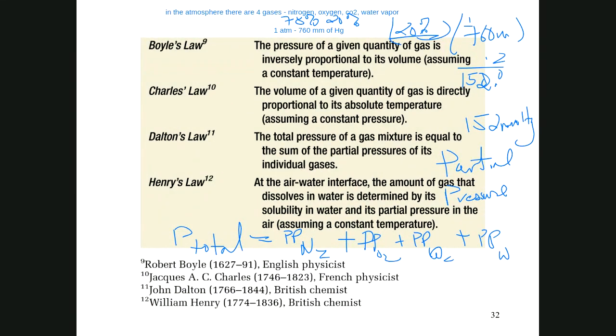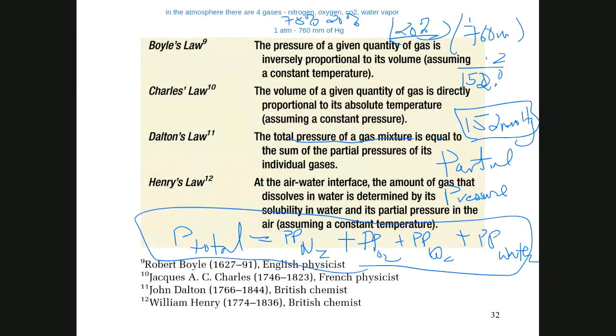The partial pressure of CO2 is really low in the atmosphere. But 152 is the partial pressure of oxygen, roughly around that, that's good enough. So Dalton states that the total pressure of a gas is equal to the sum of its partial pressures. So here, that's the equation for Dalton's law.